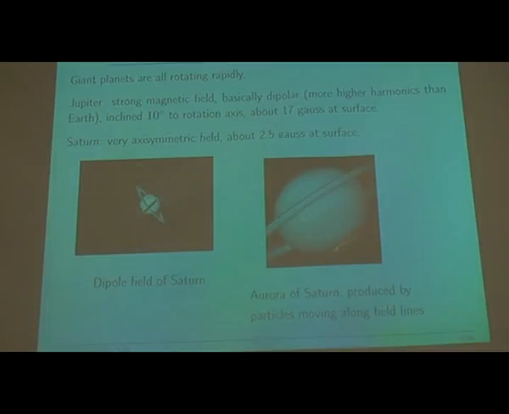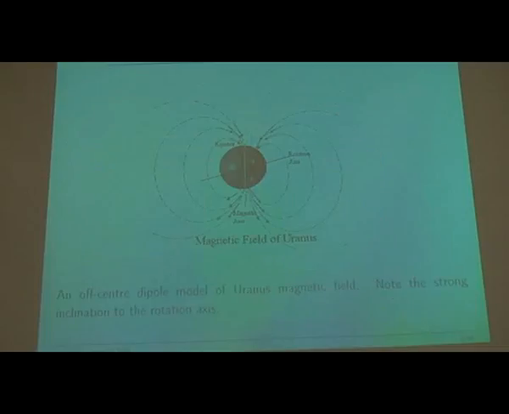So the most likely explanation is that it's just the bits we see that are axisymmetric, but deep down in the interior it's probably non-axisymmetric, and there's something going on in the region between the dynamo region and where we see it, which is axisymmetrizing the fields. So it's not an insuperable problem, but it certainly is one that needs some thought.